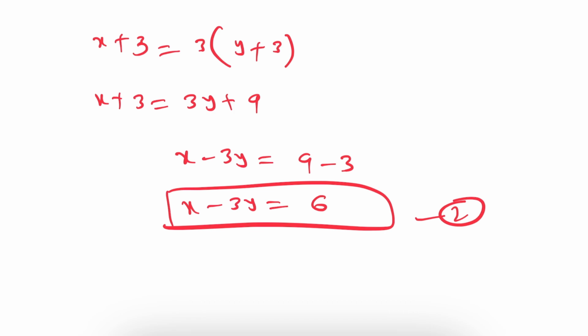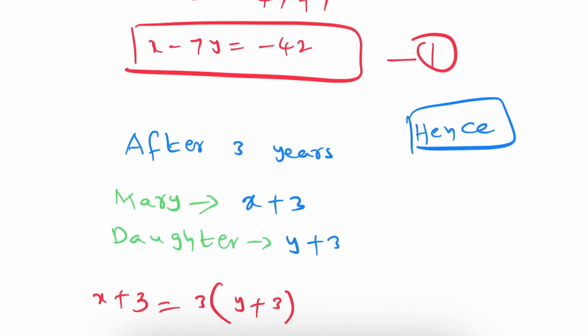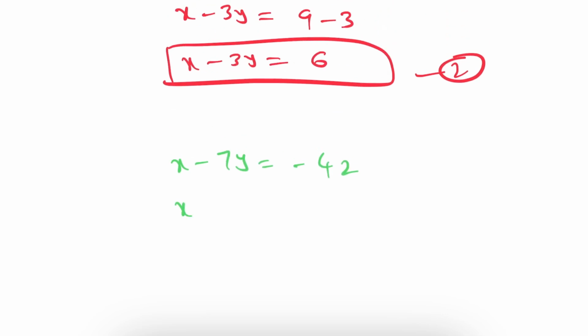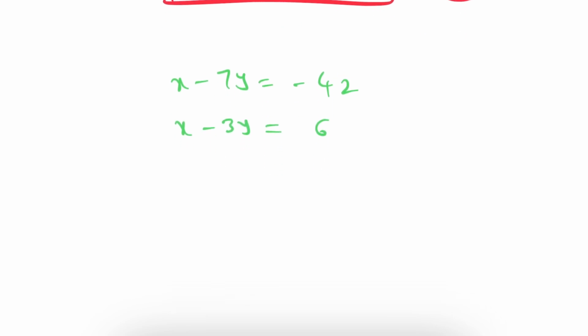Now let us try to solve these two equations. First equation we got as X minus 7Y equals minus 42, and the second equation is X minus 3Y equals 6. I am subtracting these two equations. If I am subtracting, in the second equation all the signs will change. So plus X becomes minus X, minus 3Y becomes plus 3Y, plus 6 becomes minus 6.